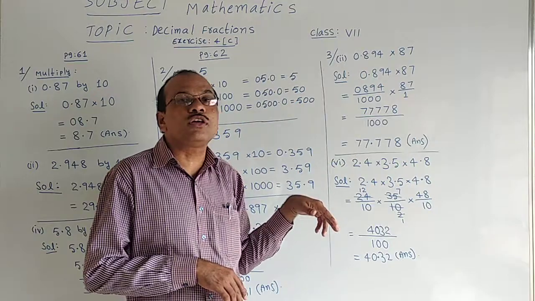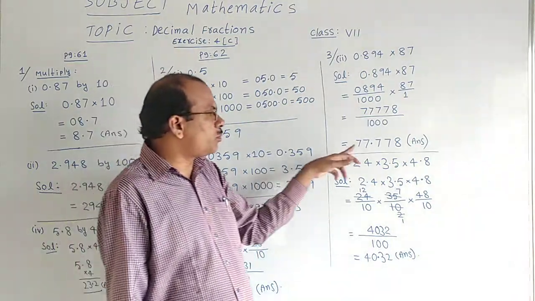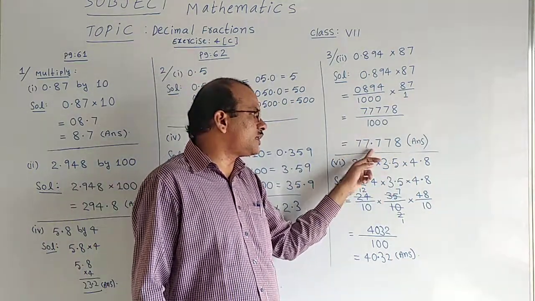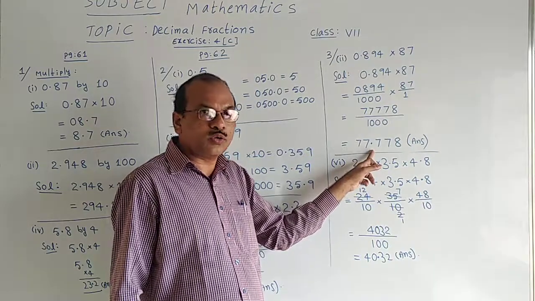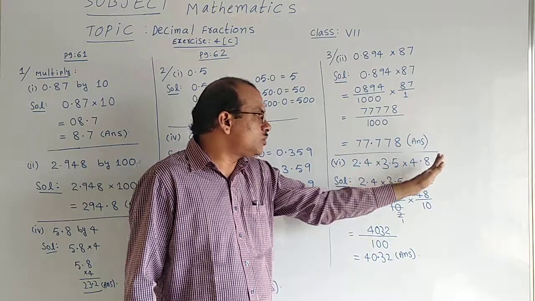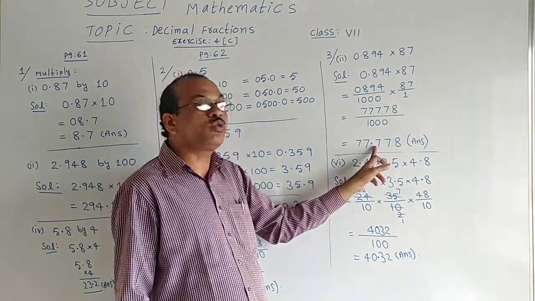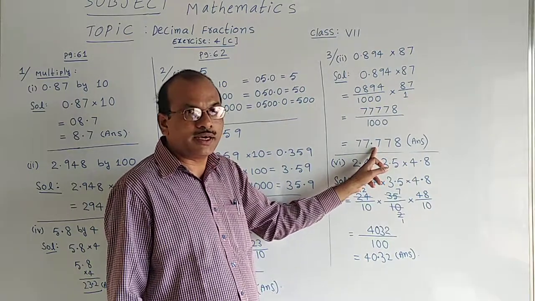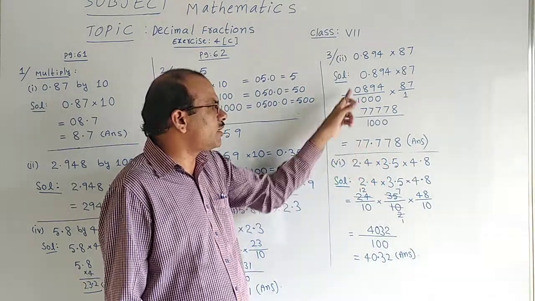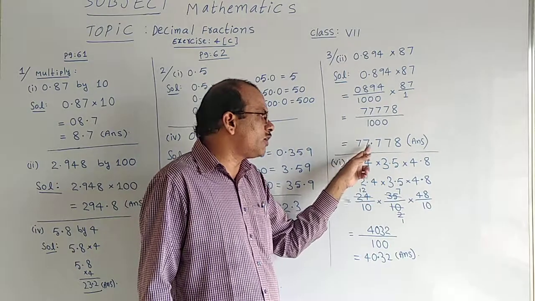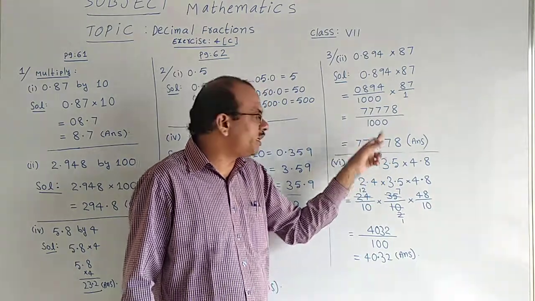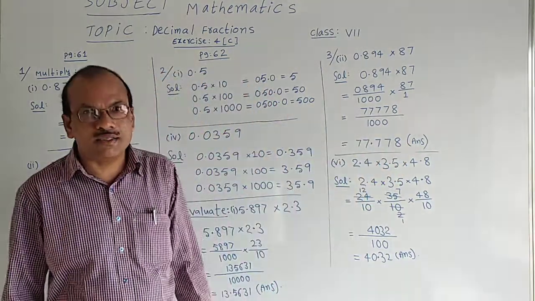I want to remove that 1000 for the next step. Counting should be started from right to left when we want to place the point. Is it clear? Then 7 and 7 already there, so 77.778. That remains the answer for us.